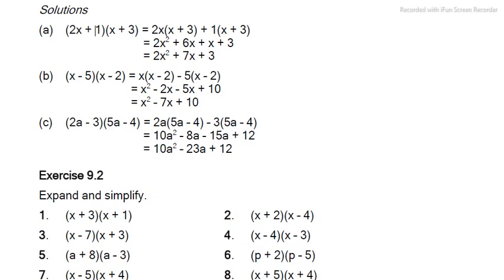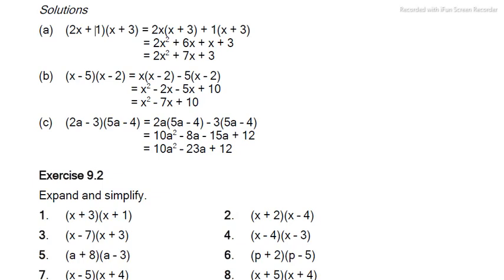And if we are to open brackets, the figure outside the bracket multiplies every term inside, so that the 2x multiplies x to get 2x squared plus 6x, then plus x plus 3. And now, if we are simplifying this, we shall add those that are common. You see that we have common terms. We have 6x and x.